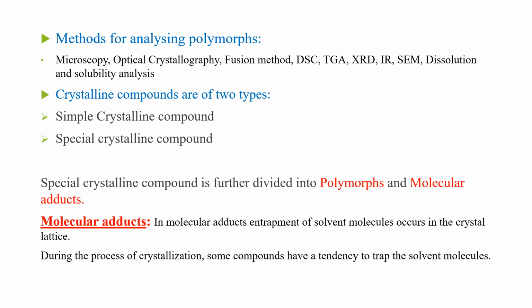How does it form? During the process of crystallization, some compounds have a tendency to trap solvent molecules in between. They contain the solvent molecules inside them, so they get fixed there and form the molecular adducts.